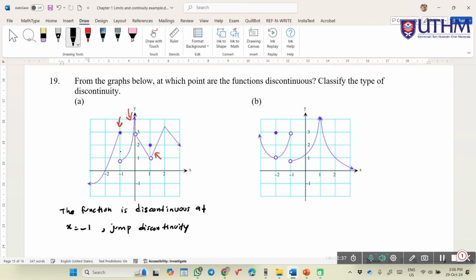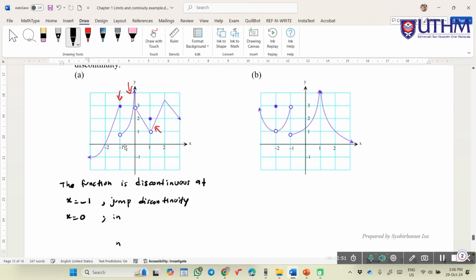The second point is x equals 0, which is an infinite discontinuity. The last one is x equals 1. What is the type of discontinuity? Here we have a removable discontinuity.